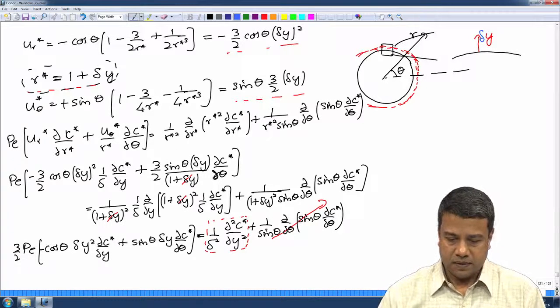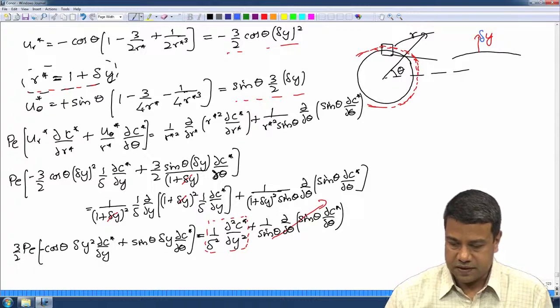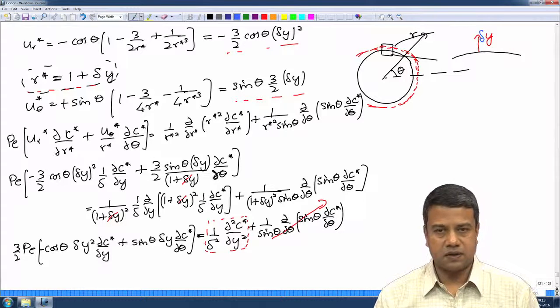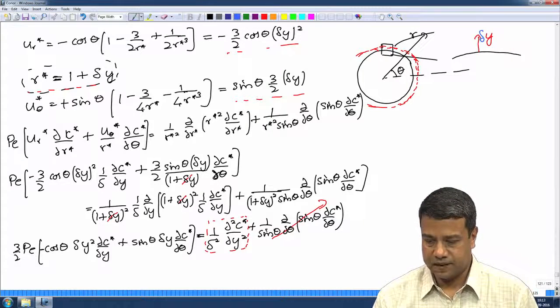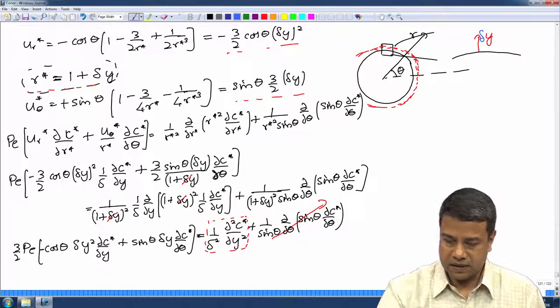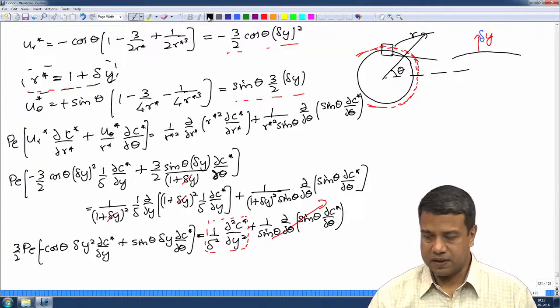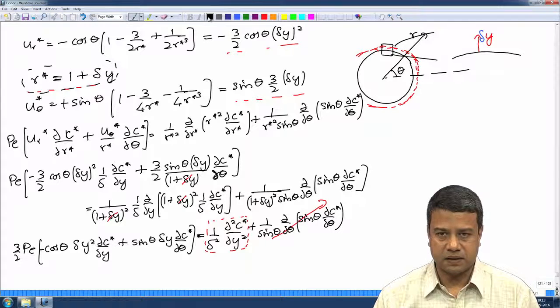On that basis, we had expanded the velocities in a series around the surface of the particle. I had defined a coordinate delta y, such that delta y is the distance from the surface of the particle, y is a number that is order 1, and delta is the boundary layer thickness.